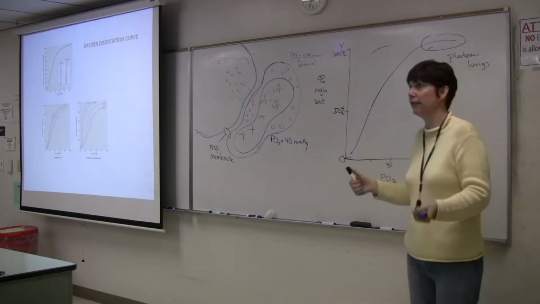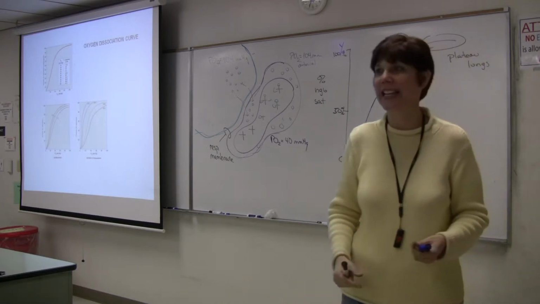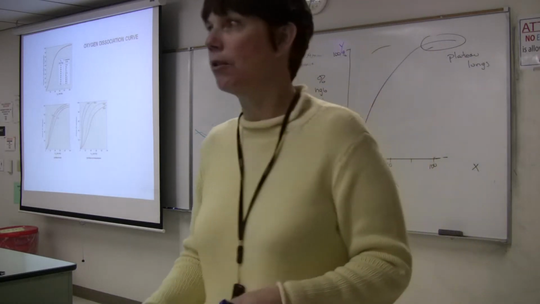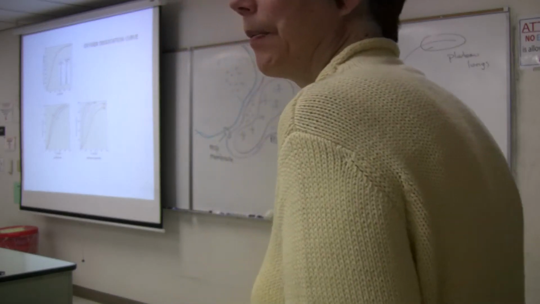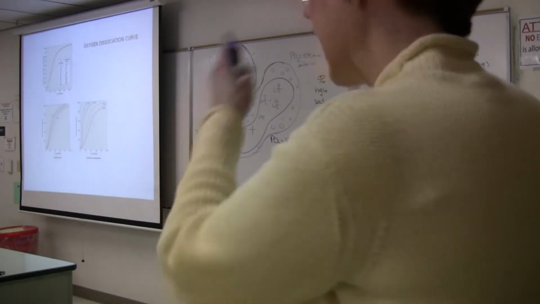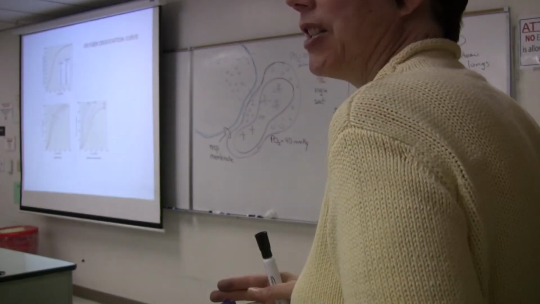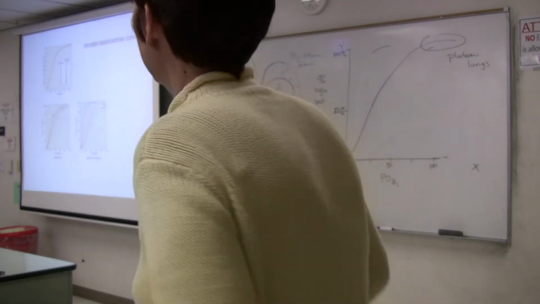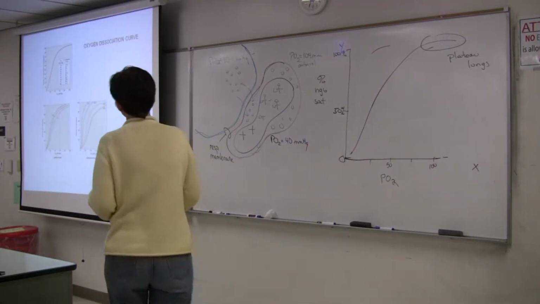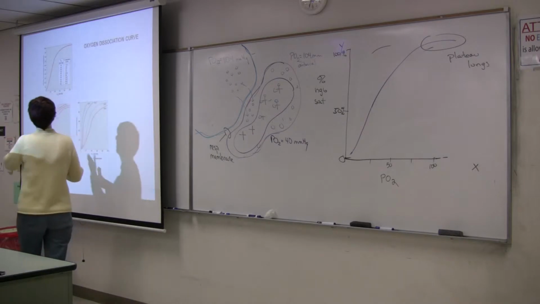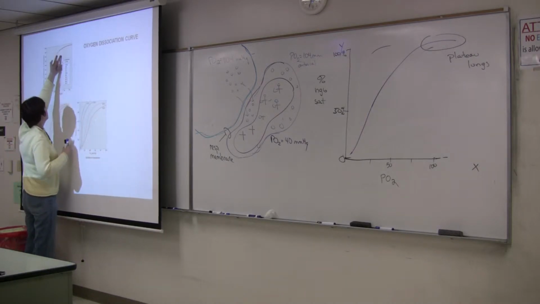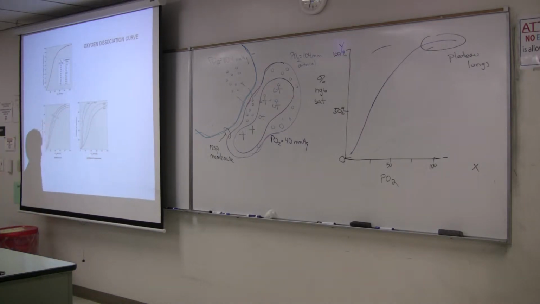So I can live. I can go up and ski for the day and not be a totally unconscious zombie, okay? Because I have that wide range, that plateau, that even though, on the actual curve here, I don't really start to see a significant drop in percent saturation until I'm at about 75.